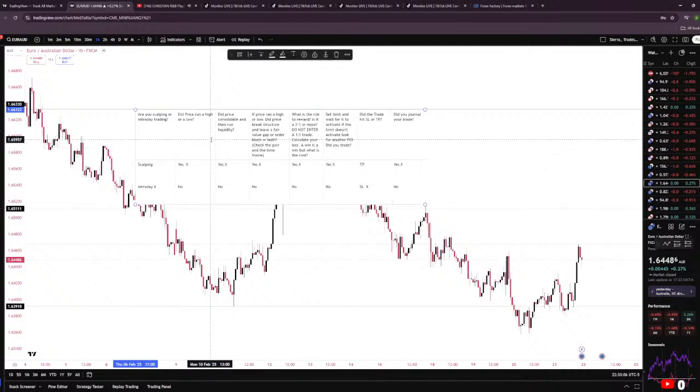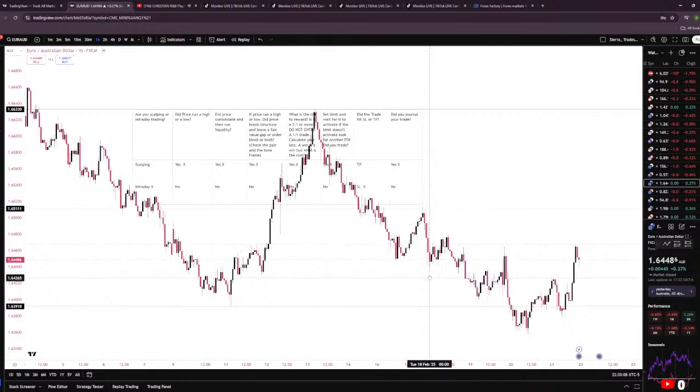Did price consolidate and then run liquidity? Okay, so this is how we can identify consolidation, because this is consolidation. So this was our last lower high, and this was our last lower low. Nope. Lower high.